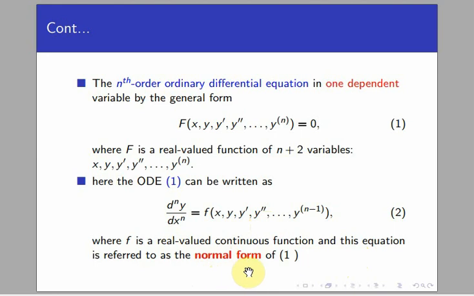This equation is referred to as the normal form of equation 1, the normal form of the general form of the nth order ordinary differential equation in one dependent variable.